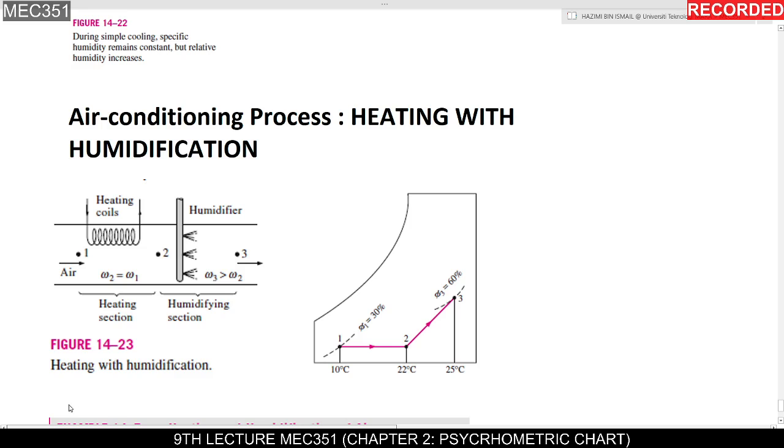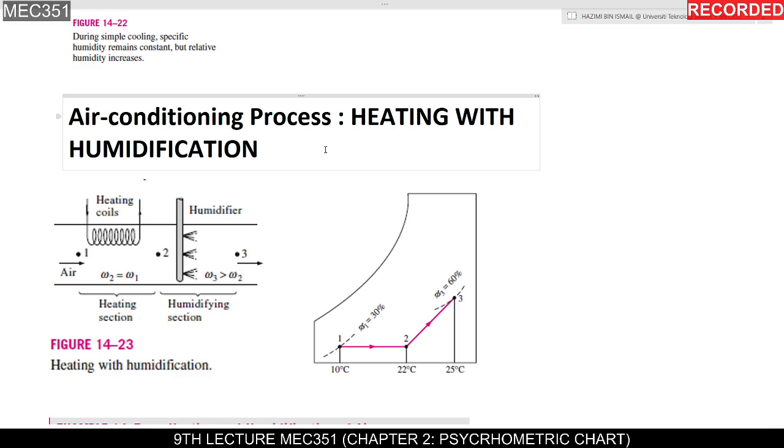And for the air conditioning process, heating with dehumidification, this is a normal process in the cool climate countries. Let's say during the winter season, they want to get heat to increase the temperature in their room. But during the winter, they also have very dry air, meaning low humidity value.